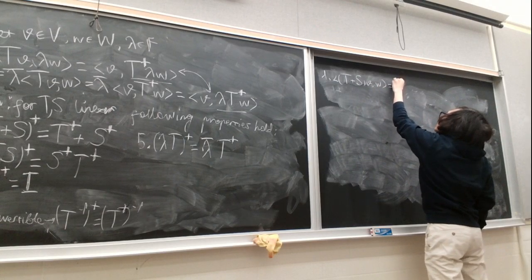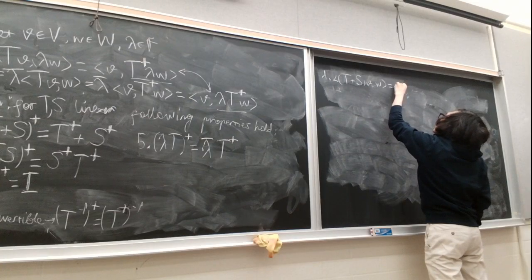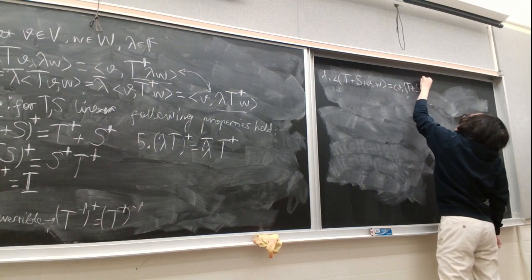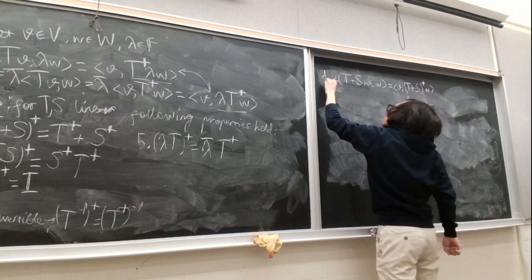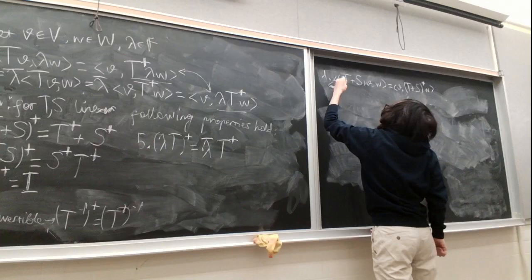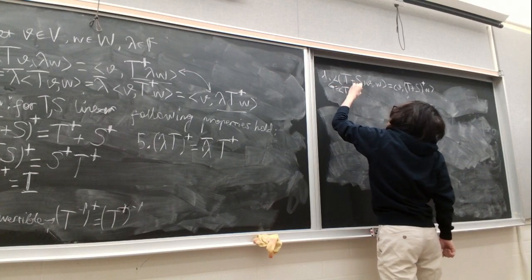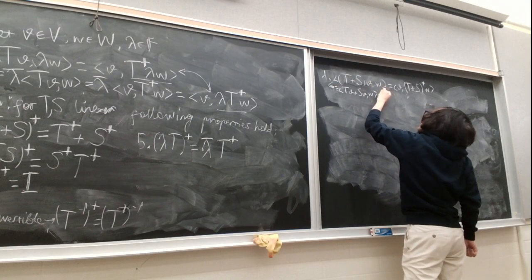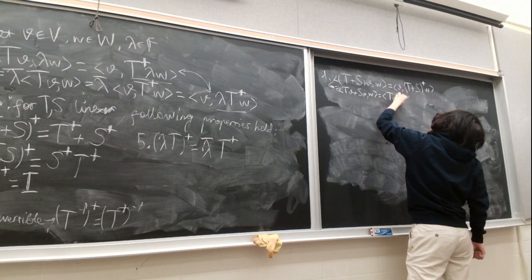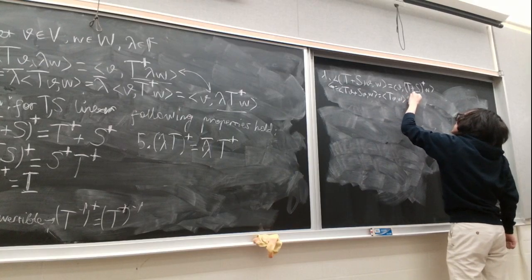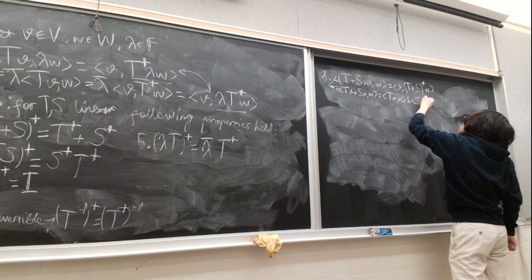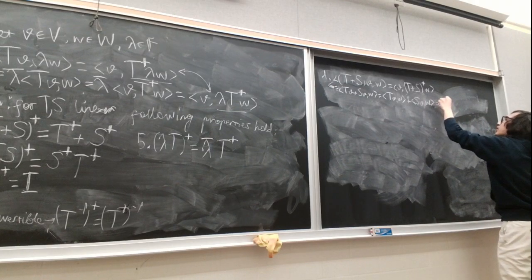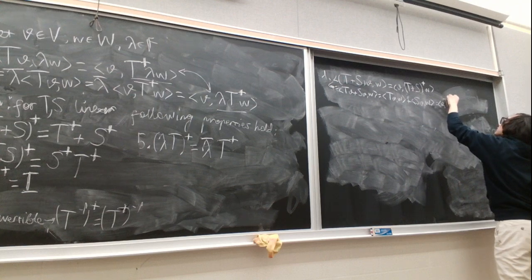And then we have, on the one hand, V with T plus S dagger W. On the other hand, we have TV plus SV with W, and we split it, TV with W plus SV with W, and then we apply the adjoint to each one.